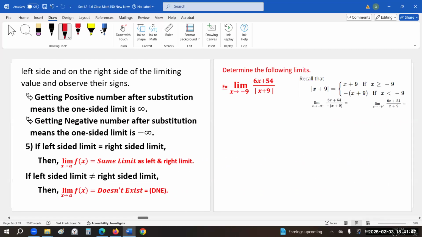Now let's do some examples, some fun examples. It says, what is the exact limit as x goes toward -9 of this function, (6x + 54) over the absolute value of (x + 9)?